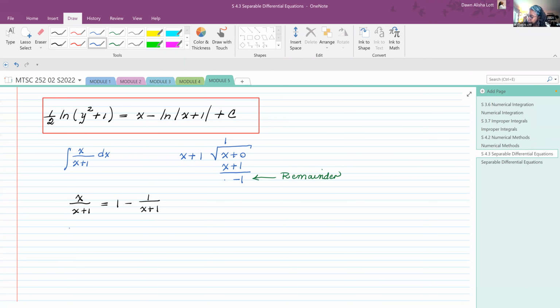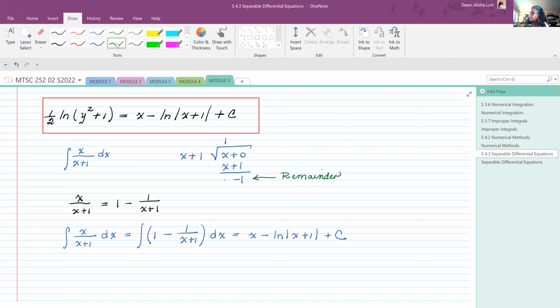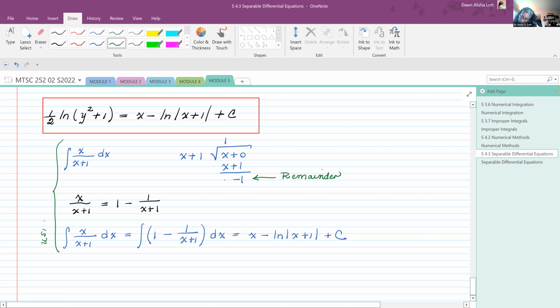Then when you do the integral of x over x plus 1 dx, you're just integrating 1 minus 1 over x plus 1 dx, and that again still gives you x minus the natural log of the absolute value of x plus 1 plus a constant. So this is using long division.